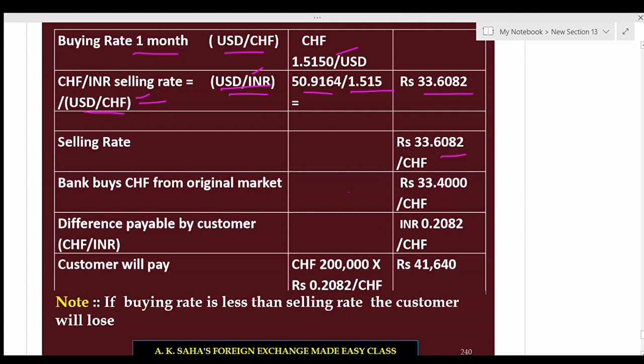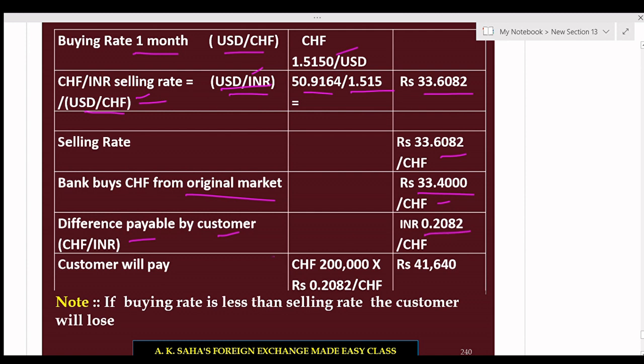The bank bought CHF from the original market at 33.40, given in the question, rupees 33.40 per CHF. The difference is payable by the customer because the selling rate is higher than the buying rate. So the difference is 0.2082 INR per CHF.